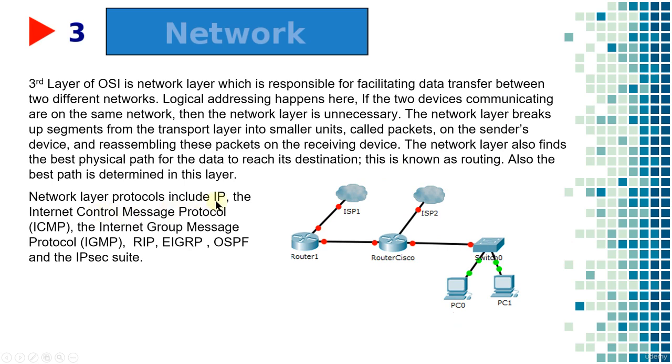Network layer protocols include IP and the Internet Control Message Protocol, ICMP. By the way, whenever you ping, you use ICMP, and ICMP has one request and one reply. If you are familiar with ping, that is fine enough.